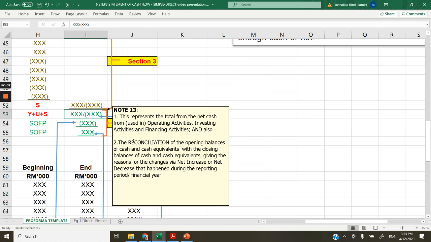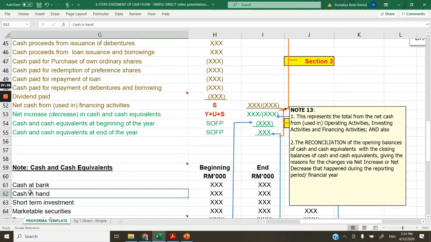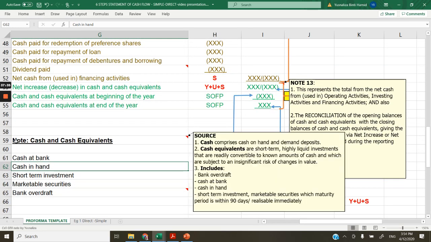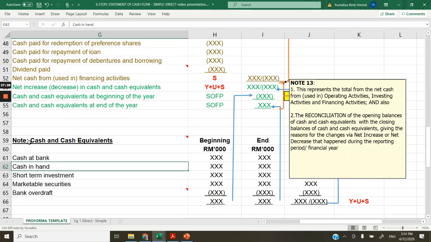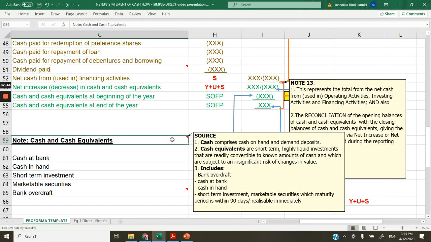And that also represents the reconciliation of the opening balances of cash and cash equivalents with the closing balances of cash and cash equivalents. So cash can be cash in hand, cash in bank. What are cash and cash equivalents? You're going to look at what are the opening balance and what are the closing balance. And the changes in that opening and closing balance will be represented in another note that I put right under the cash flow statement itself, which is the note on cash and cash equivalents. So what are the sources for the cash and cash equivalents?